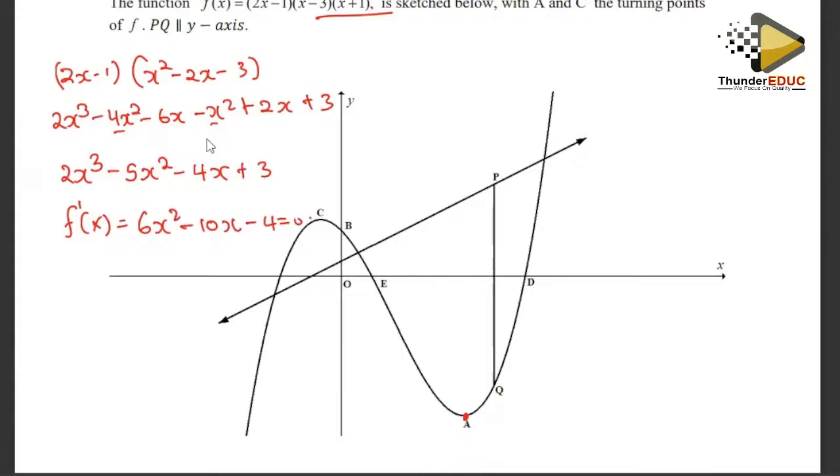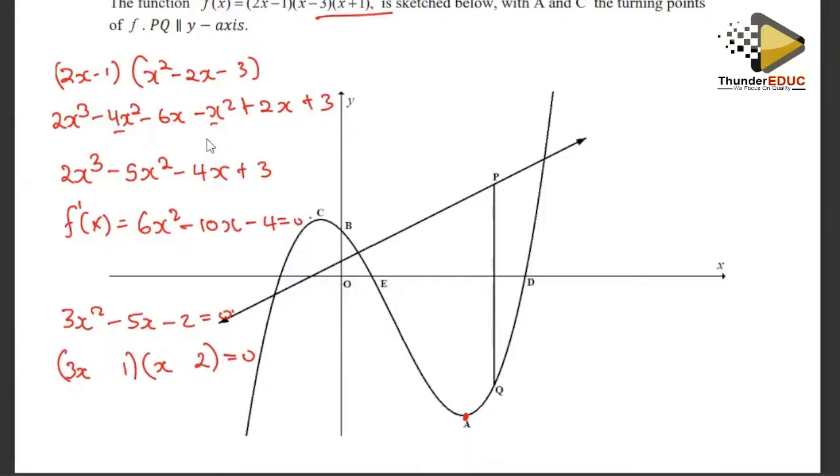Equate that to 0. So from here, we can divide through by 2, meaning it's 3x squared minus 5x minus 2 equals 0. Open that up, 3x and x. We can have a 2 and a 1 more.